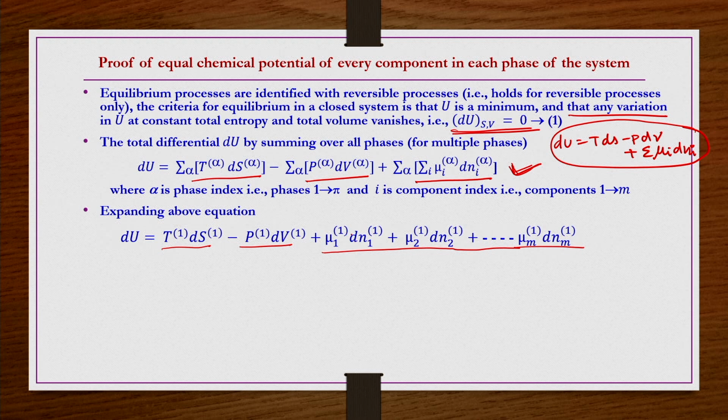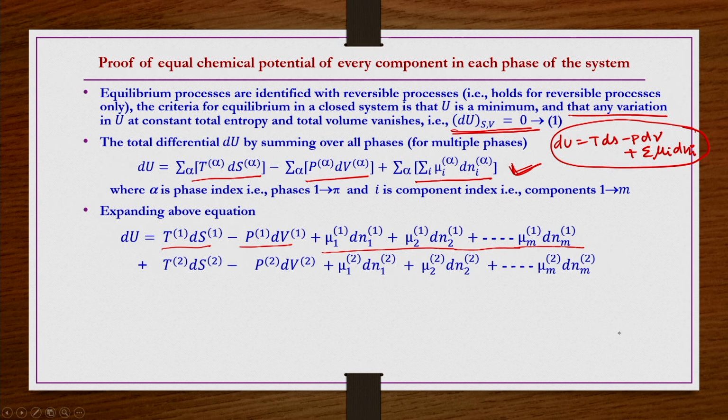In phase 1, the superscript 1 stands for phase 1, and m components are there, the subscripts 1, 2, 3 etc. being the component numbers. So, whatever the sigma mu_i dn_i is, that is for phase 1.